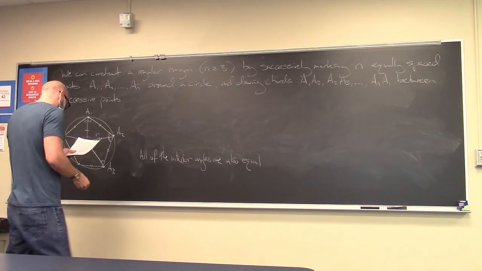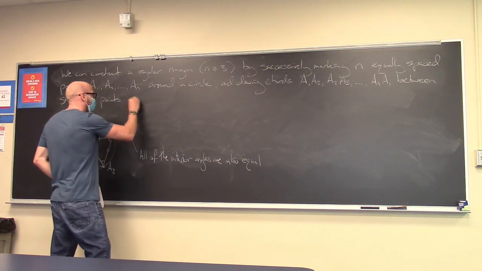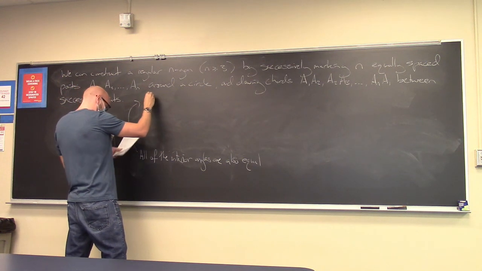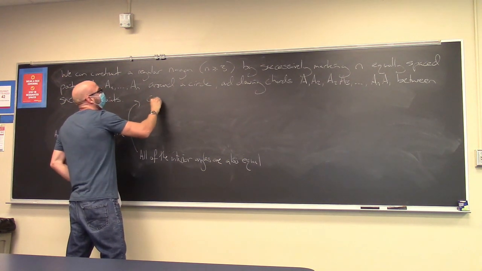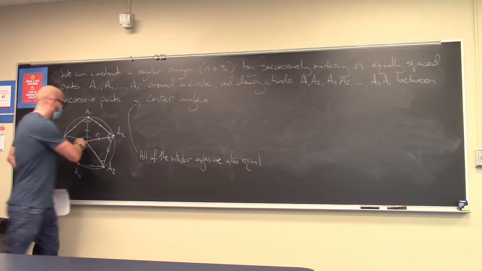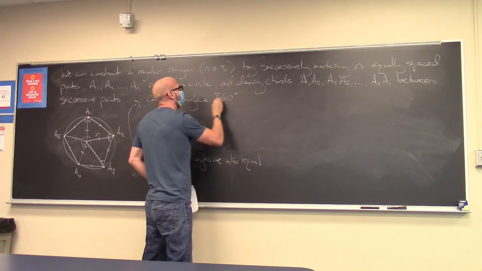So how do I want to write that? Let's actually talk about exactly what that angle is. What's a center angle? Center angle, as we observed, is 360 over n. 360 degrees over n.